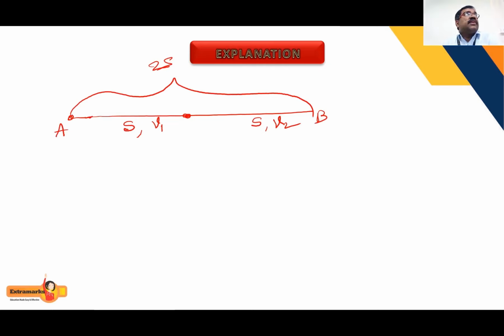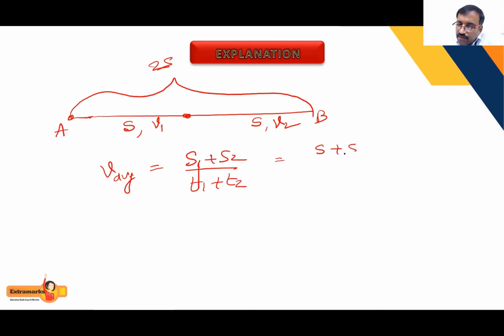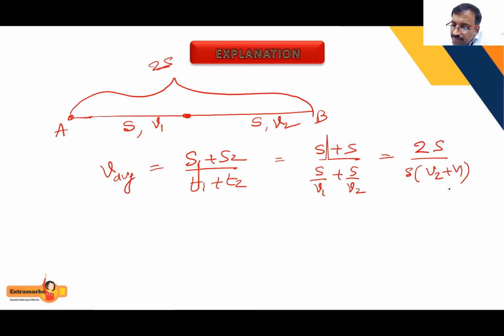Here time was not mentioned and the question is to find V average between A and B. So the answer is very easy. V average is equal to S1 plus S2 by T1 plus T2 because the breakup is given. So S plus S by T1. T1 is not given, so I said S is equal to Vt, T is equal to S by V. So S by V1 plus S by V2. So the answer will be 2S by S taking common, V2 plus V1 by V1 V2.